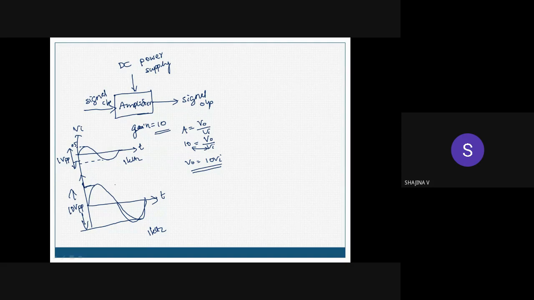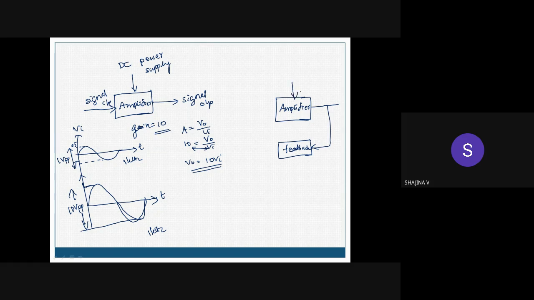Now, compared to this, an oscillator circuit, we can say, simply also consists of an amplifier, and there will be a feedback network. An amplifier circuit with a feedback network is actually an oscillator.